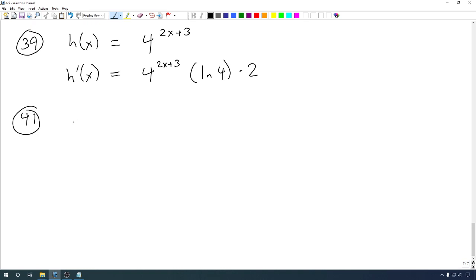If we look at problem 41, we have y equals the log base 10 of x squared plus 6x. Log base 10 is something that we call the common logarithm. A lot of times when you see log without a base attached to it, that's what they mean, though you have to be a little bit careful about that.